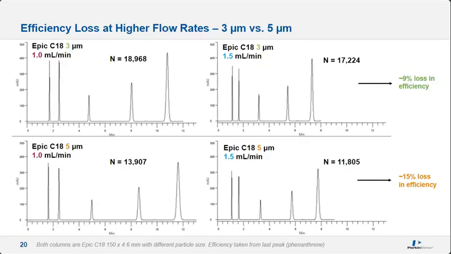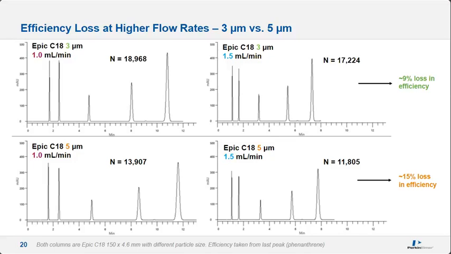And again, referring back to the Van Deemter curve, where the smaller particles have a wider flow rate range in terms of maintaining peak sharpness, we could see an example here of a 3-micron versus a 5-micron column. With the 3-micron column only experiencing a 9% loss in efficiency as we change the flow rate from 1 milliliter per minute to 1.5 milliliters per minute.